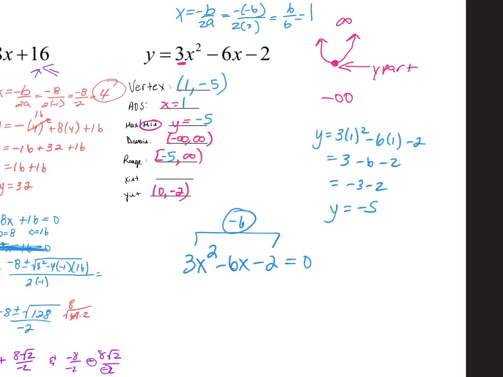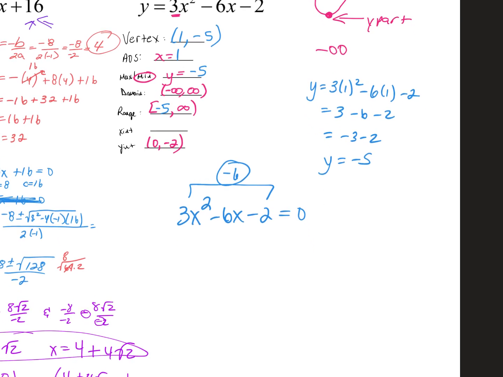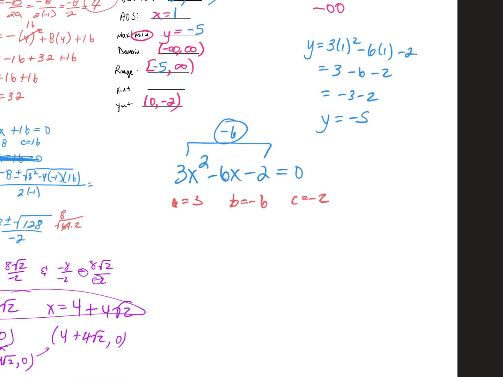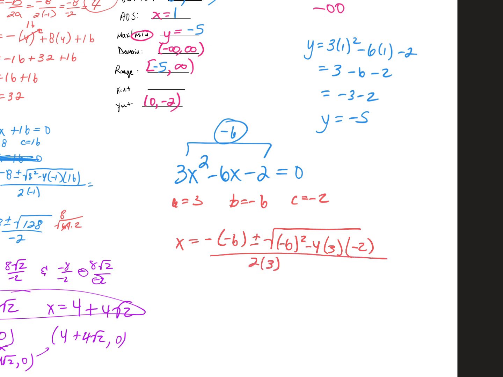No, so we have to do the quadratic formula. x equals negative negative 6 plus or minus the square root of negative 6 squared minus 4 times a, which is 3, times c, which is negative 2, all over 2 times 3.